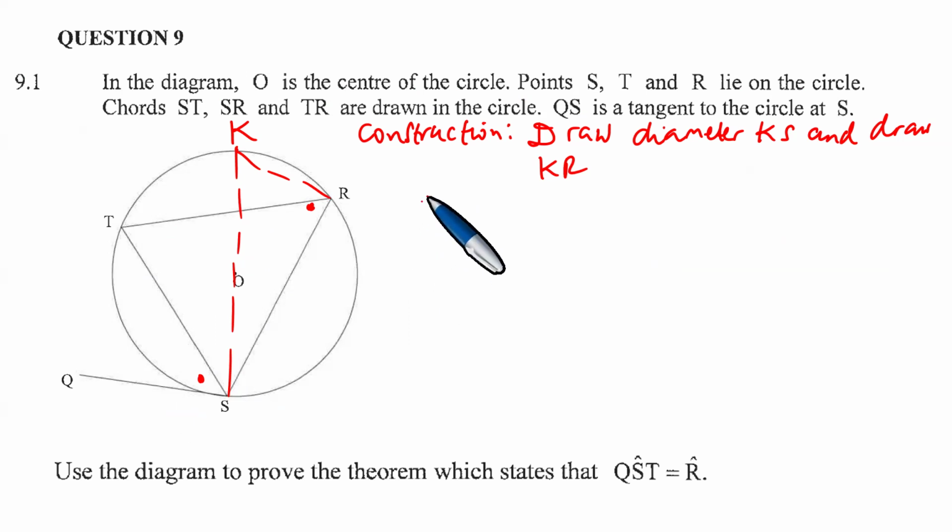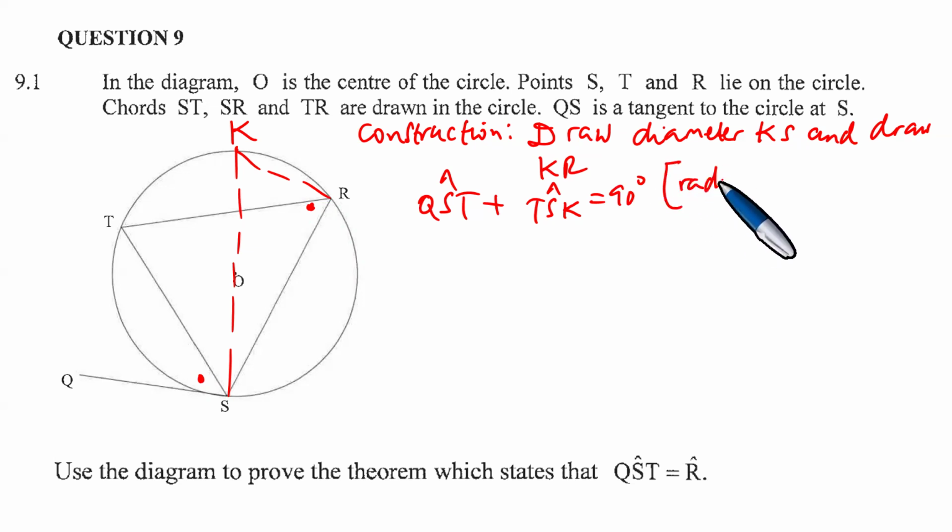So we start: angle QST plus the angle TSK is 90 degrees. Why? Because a radius is always perpendicular to a tangent.